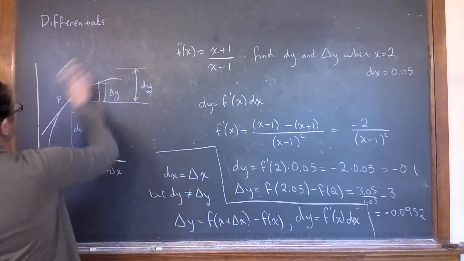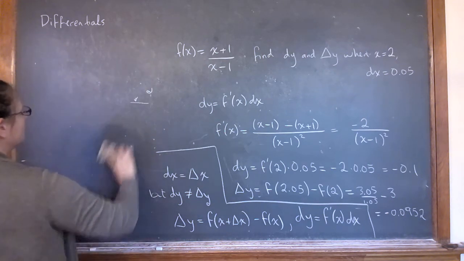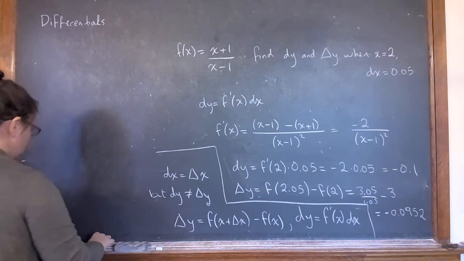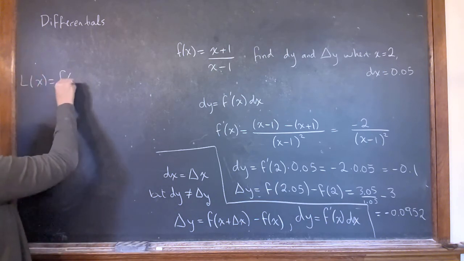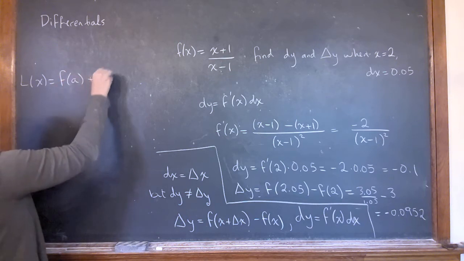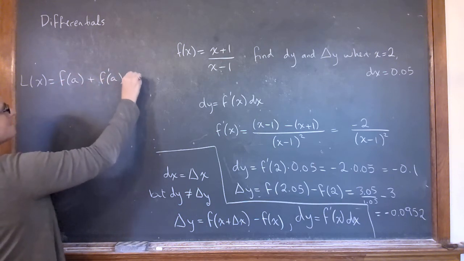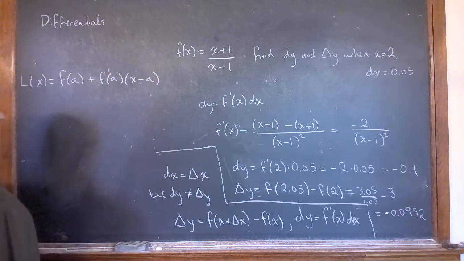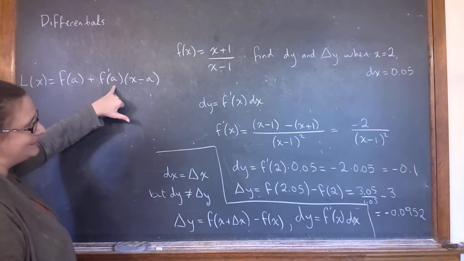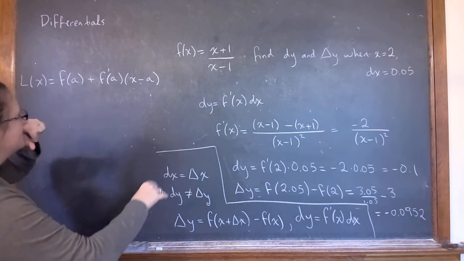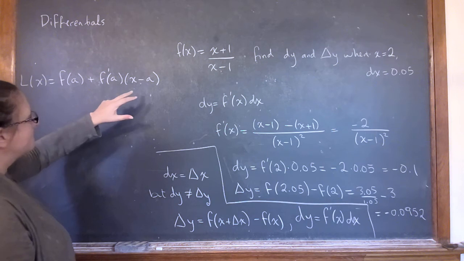If I write down my linear approximation, it was this. Now I just want to think about it slightly differently, because the variables are different.